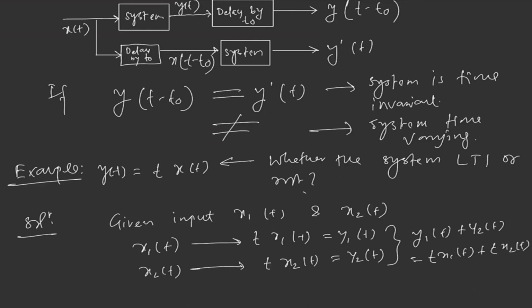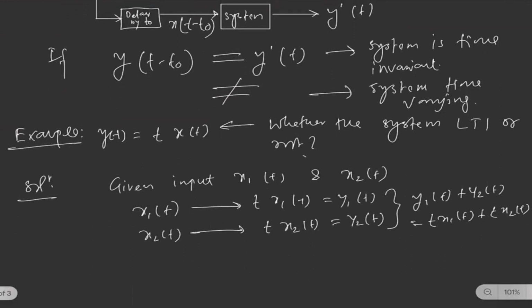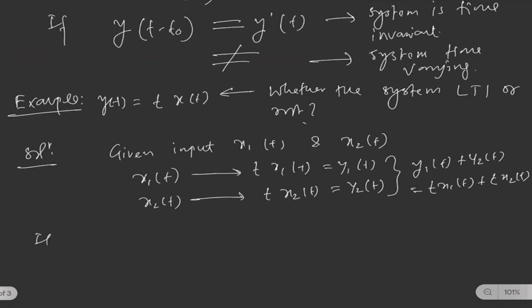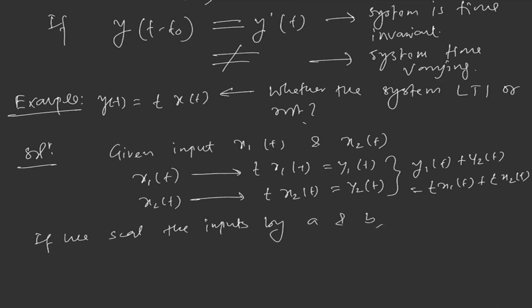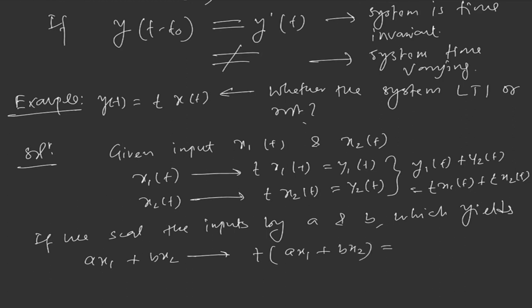Now, if we scale the inputs by a and b, we can write a x1 + b x2, we can write T[a x1 + b x2] equal to a T[x1] + b T[x2].